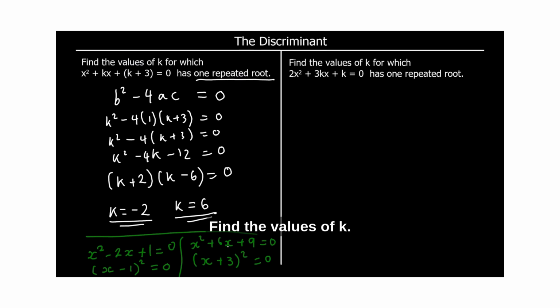Find the values of k. Question for you to try, for which 2x squared plus 3kx plus k equals 0 has 1 repeated root. So b squared minus 4ac must be equal to 0. b is 3k.